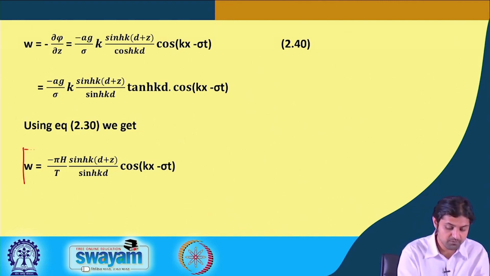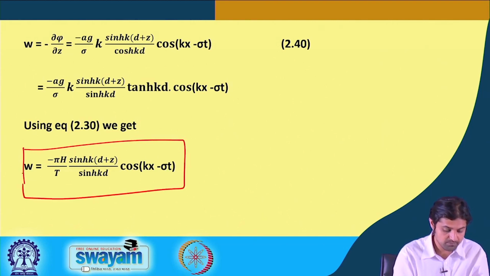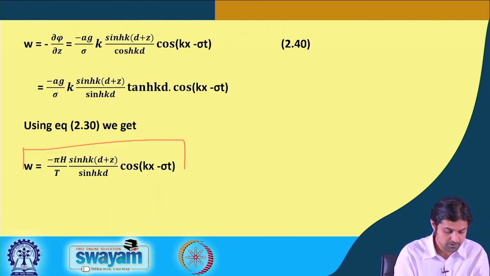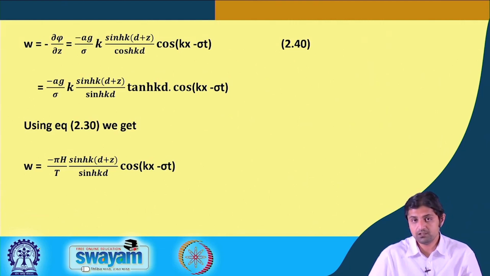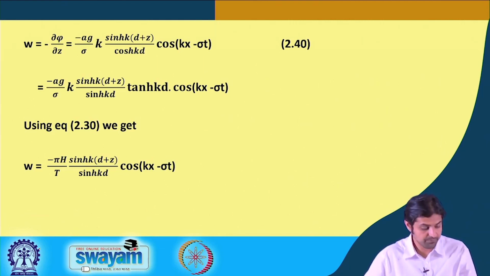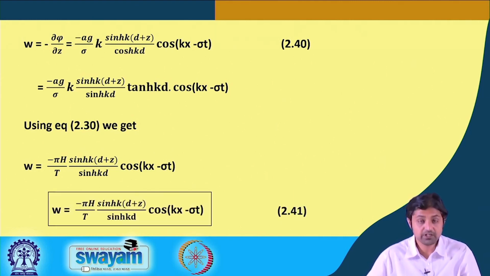Again, you don't have to remember this, but if you do, it's no harm, because more importantly it is the velocity potential that you must remember. So, w can be written as minus pi h by t sin h k (d plus z) divided by sin h k d into cos (k x minus sigma t).